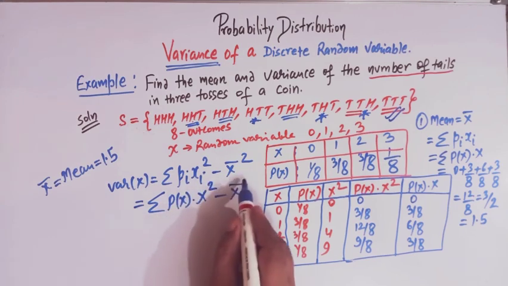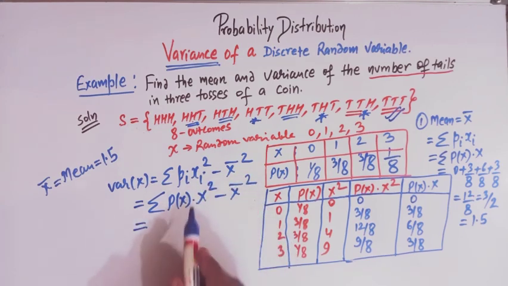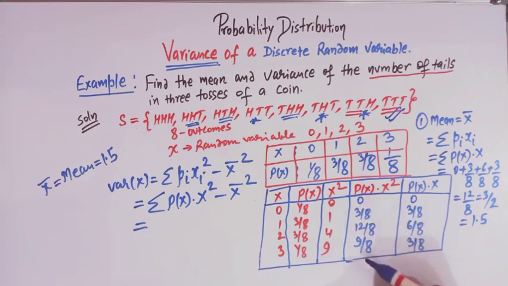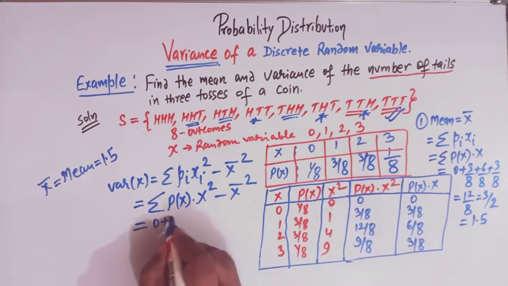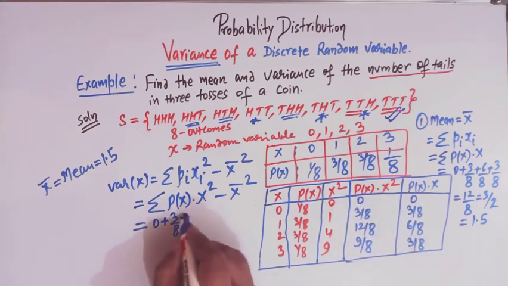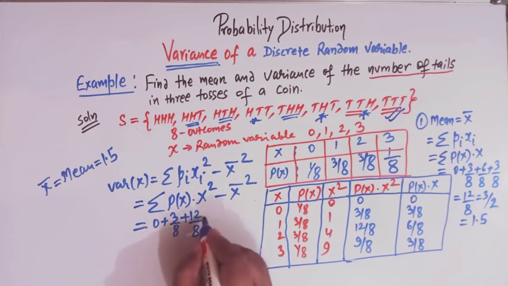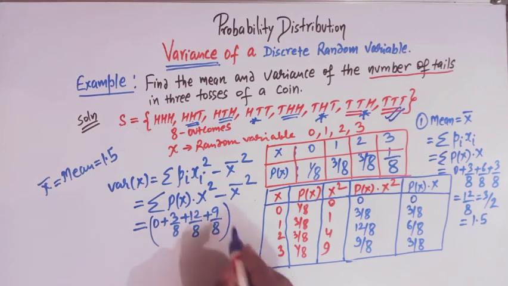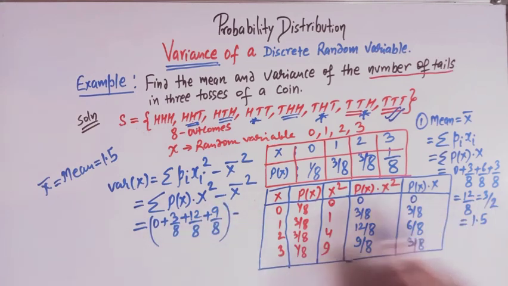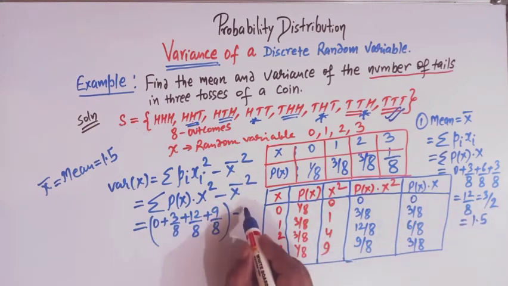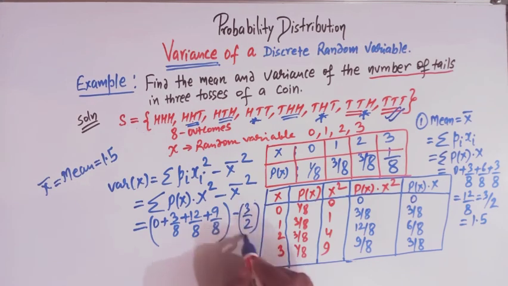So we add all these numbers: 0 plus 3 by 8 plus 12 by 8 plus 9 by 8, and for x bar square we have 3 by 2 square.